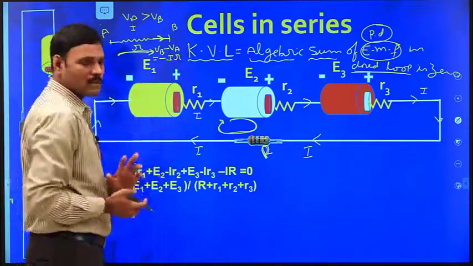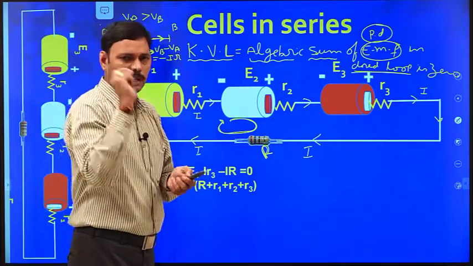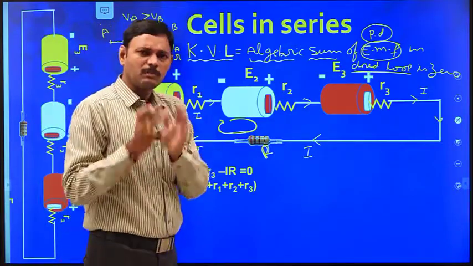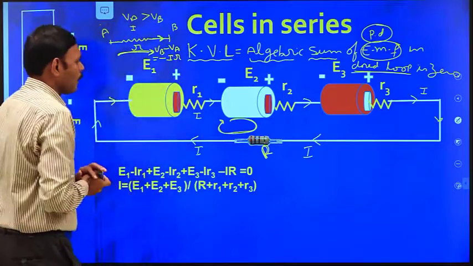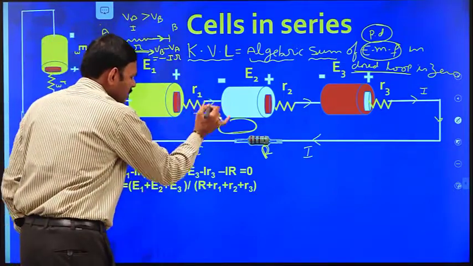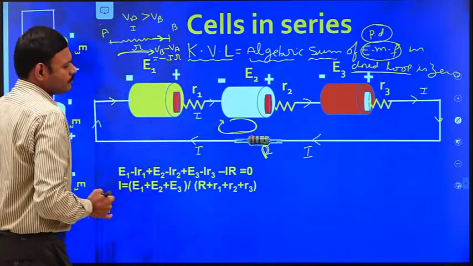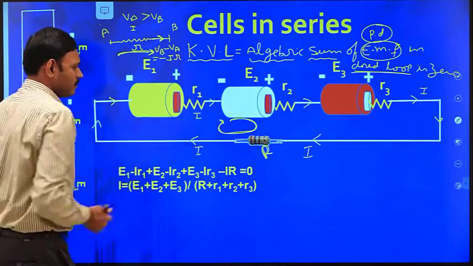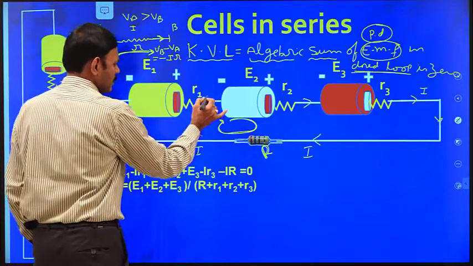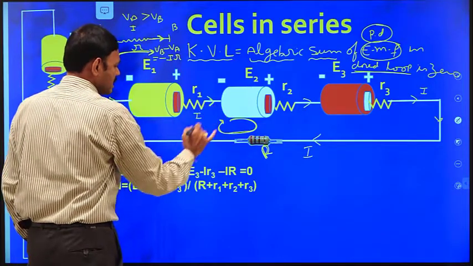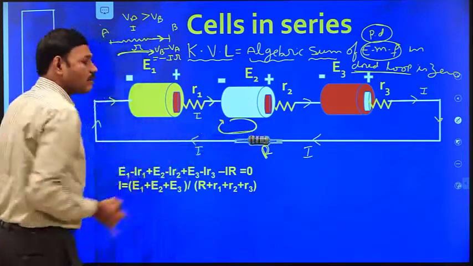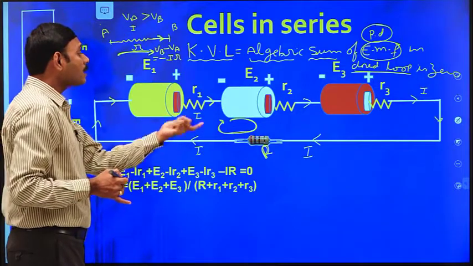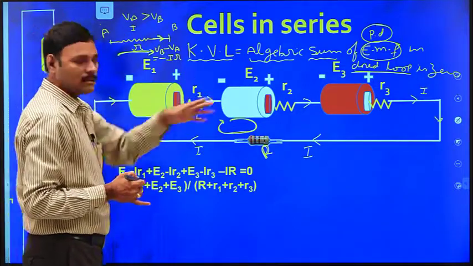So what is the conclusion? What do we have to remember from this discussion? If current is passing through a resistor in one direction, and you apply Kirchhoff's voltage law along the same direction, then the potential drop across that resistor is minus IR.